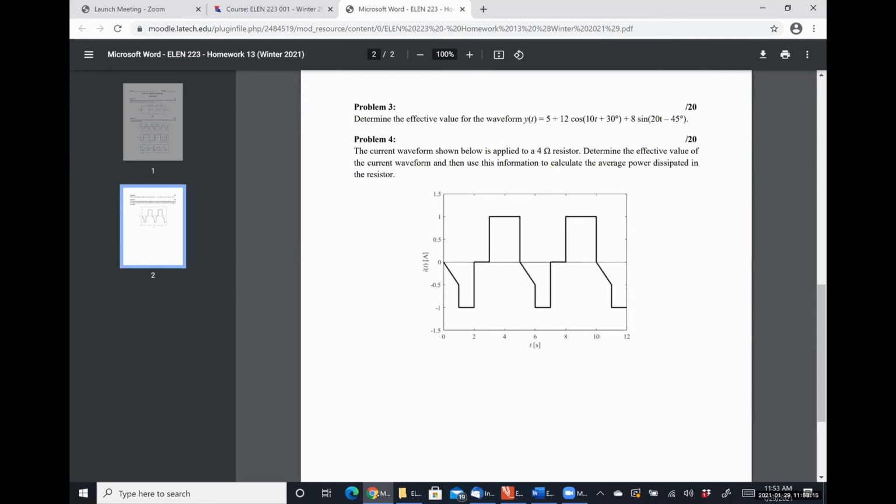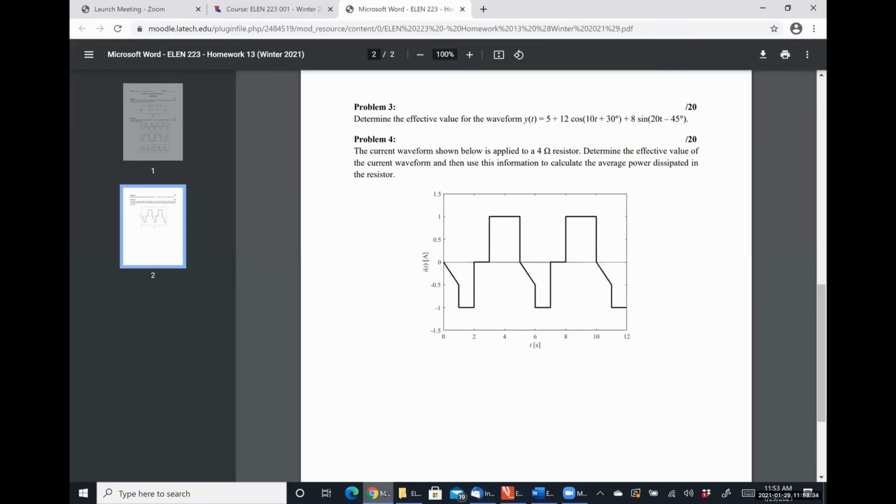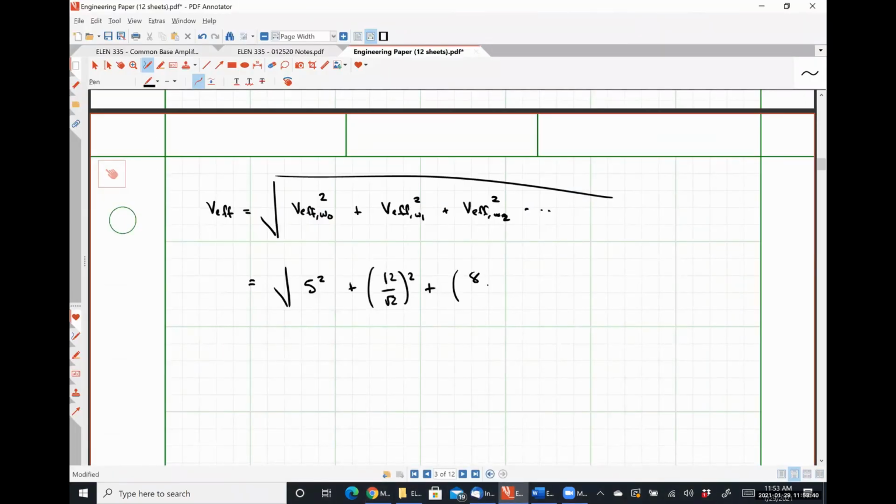It's a sinusoidal signal. What's the effective value of any sinusoidal signal? The magnitude divided by the square root of 2, right? So we would put in 12/√2 here. And now we have our omega equal to 20 radians per second, and so that's going to give us 8/√2 squared here. Do this, that's the answer.